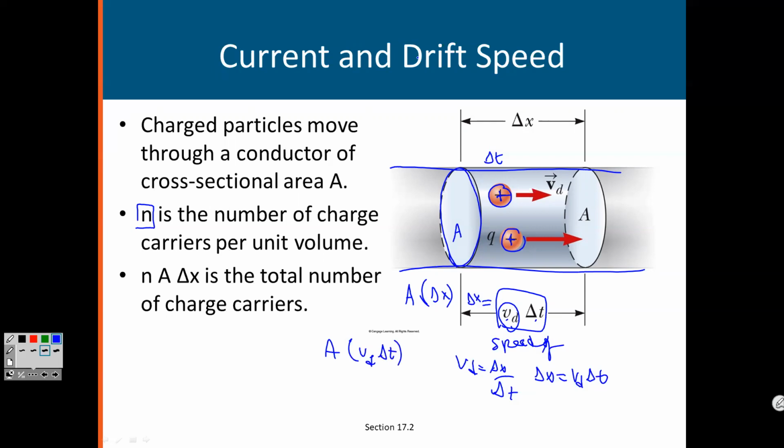So this is the volume of this region, and if I multiply by the charge carrier density n, which is the charge carriers per unit volume, multiplied by the volume A Vd delta t, this will give me the total number of charge carriers. Let me call it delta Q. So this is the amount of charge in this volume.